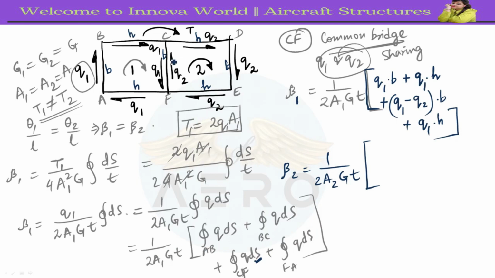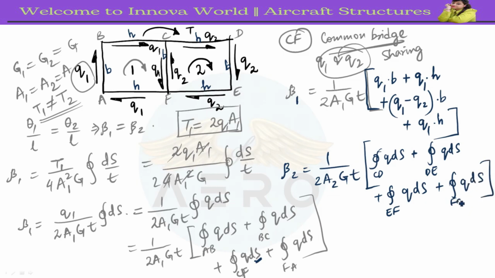Similarly we will write it starting from point C: C, D, E, F. So the integration of CD q ds, plus integration of DE q ds, plus closed integration of EF q ds, plus closed integration of FC q ds.